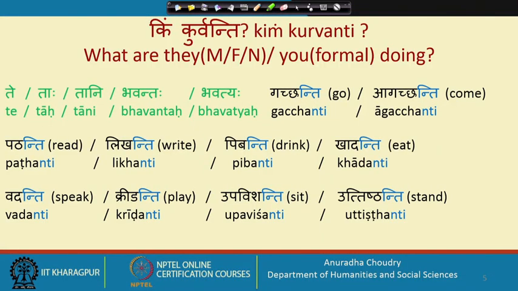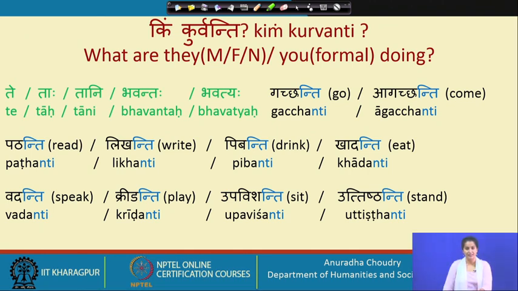So you remember the plural for saha was te. Be it masculine, feminine, neuter in the third person plural, like saha, taha, tani, or the second person formal like bhavan or bhavati, in the plural they become bhavantaha or bhavatyaha.